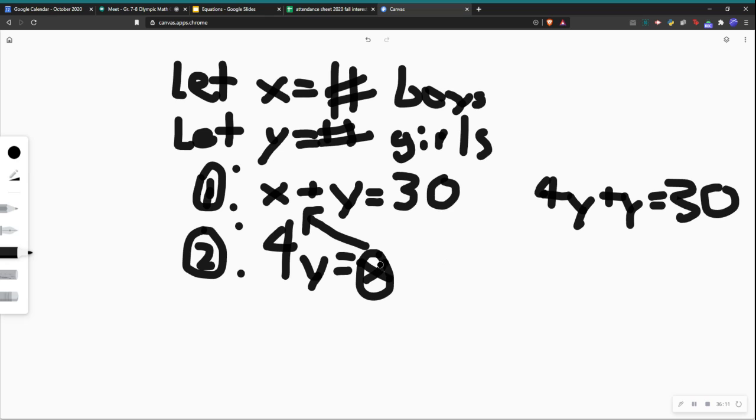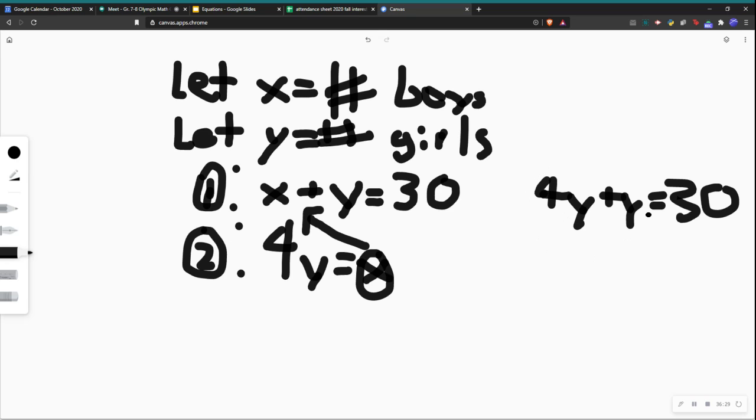I'll show that again. So we substituted equation 2 into equation 1. In equation 2, we're given the value of x, which is equal to 4y. And so we can substitute the 4y into equation 1, so that we get rid of x, and we're just left with the y's, which we can solve for.